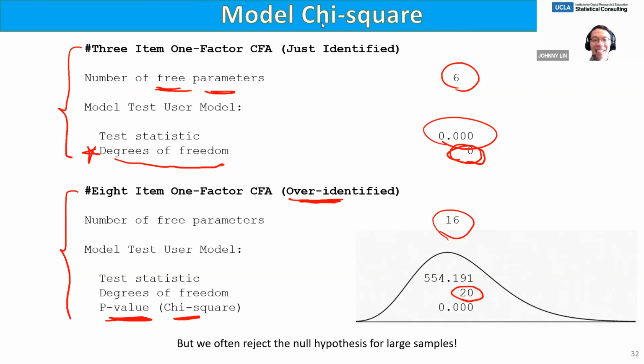Because if we wanted this to be a model we want, we actually just said, nope, this is not the model we want. We rejected it. That's a problem because our sample size, remember, was 2571. And the fact that it's such a large sample size means that we're probably going to get a p-value less than 0.05, which means we probably are going to reject our model. So that's the conundrum, right, that I was talking about.